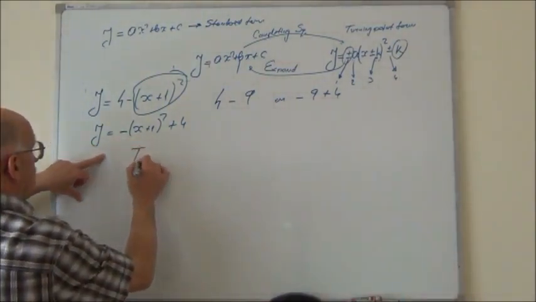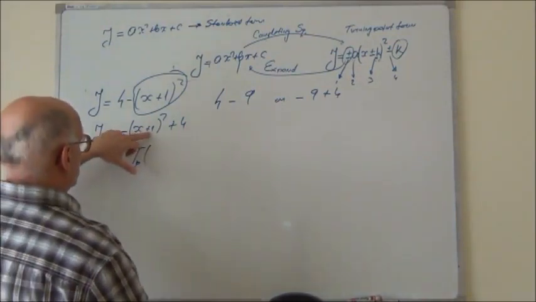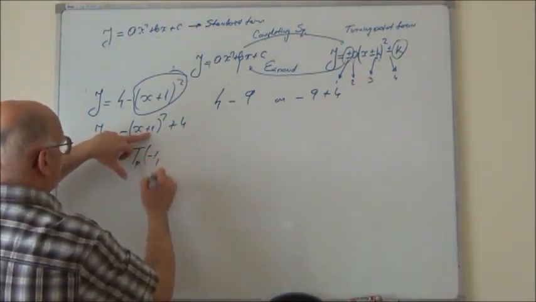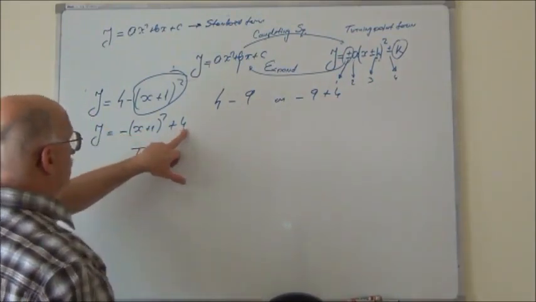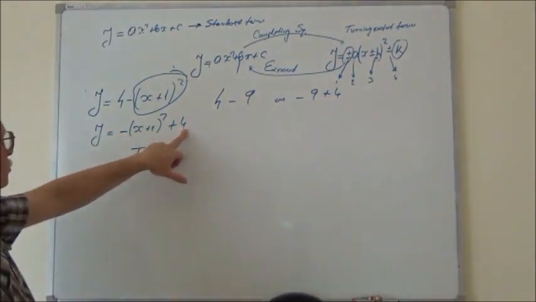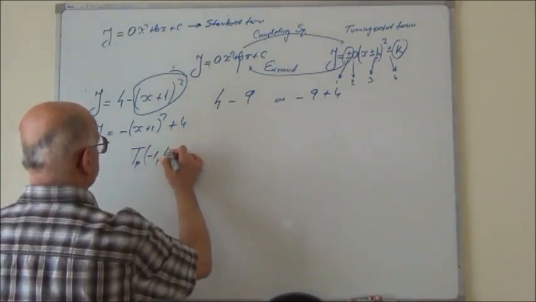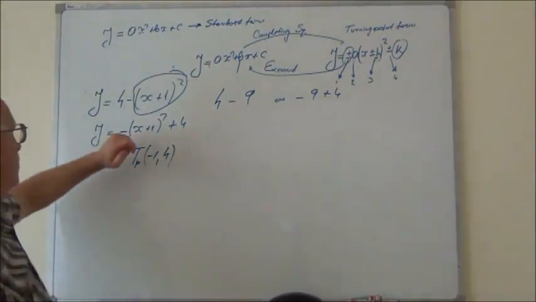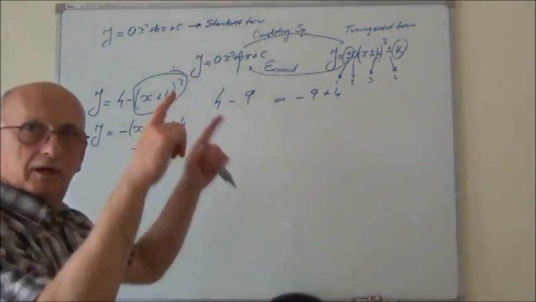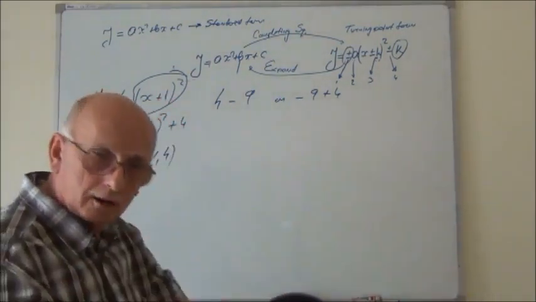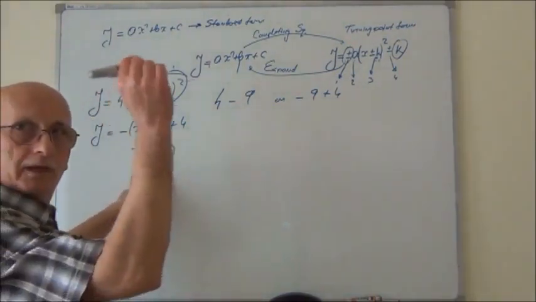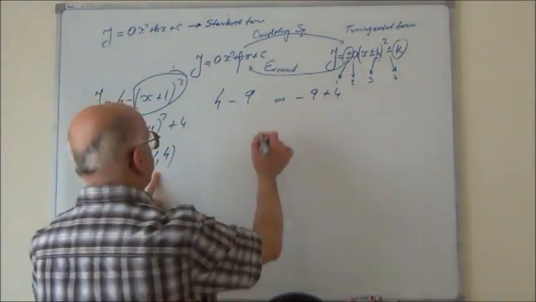Anyway, turning point coordinates. Horizontal translation of 1 unit to the left will be -1. Vertical translation 4 units up, and we have the coordinates of the turning point. Minus means we have a reflection. The parabola is down, and the turning point will be the highest point on the graph.